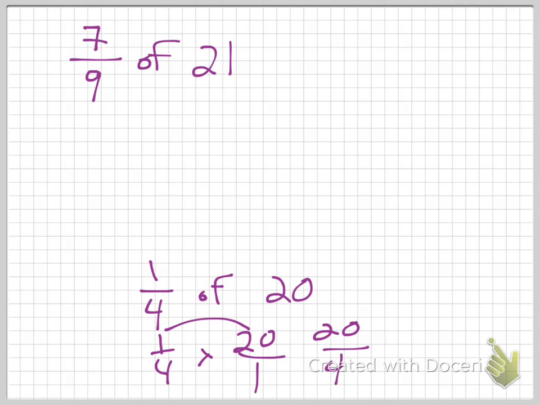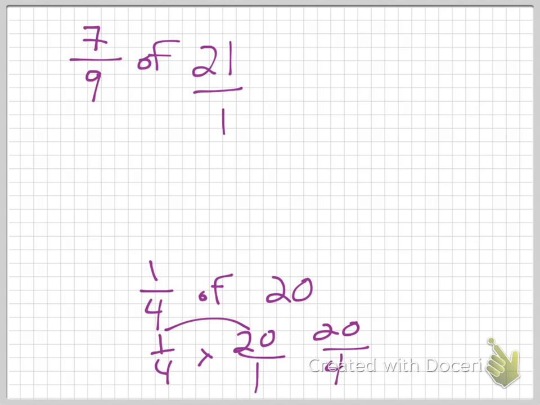I'm telling you, though, that there are times, like the question I'm about to show you here, where you wouldn't really want to multiply 7 times 21 and then see if it's divisible by 9. I wouldn't. That's a lot of work. Don't you agree? That's work. Or, what can I do?